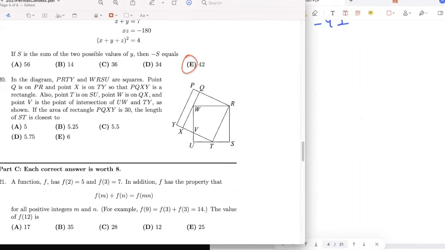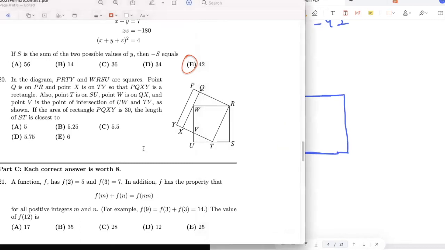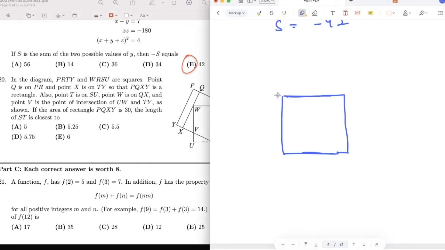Okay. So I think I can work here. So let me draw this. This is one square. And the other square looks like this. It goes till here.